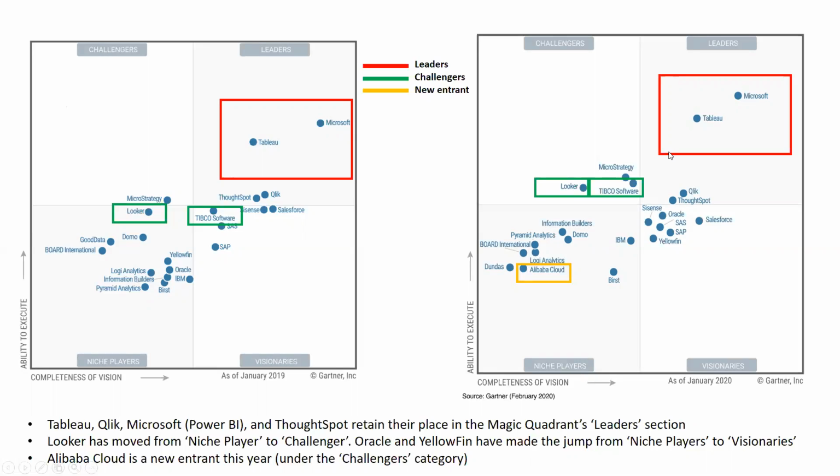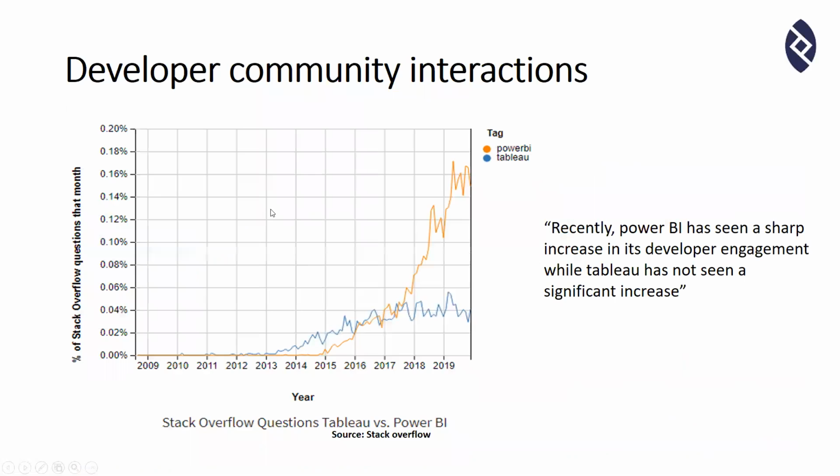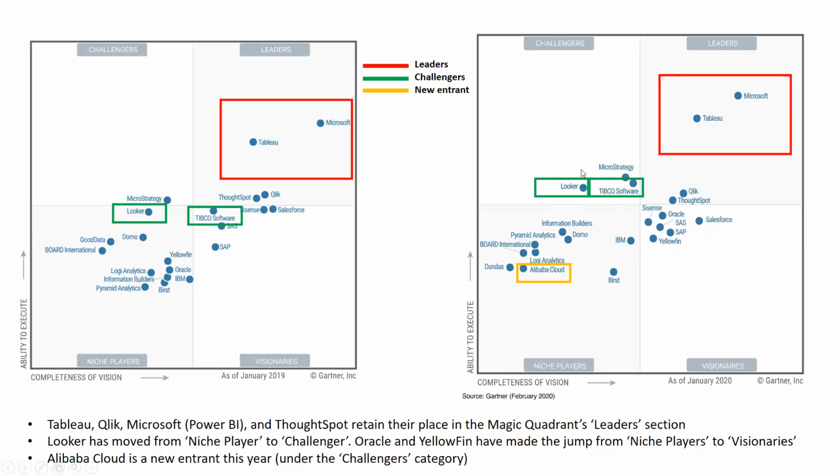But if you look at the other BI applications, you see some changes. Looker and TIBCO moved from visionary and niche player in 2019 to challengers in 2020.